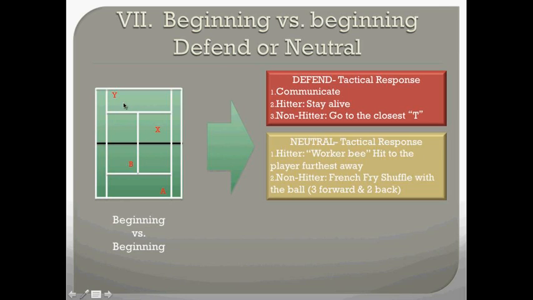The reason I have B playing closer to the T initially is worst case scenario, player X, okay, A is going to hit to X, right? If they hit to X, at least I'm covering this area right here. This is a tougher shot for X, correct? So I'm being a pessimist and standing right here saying, the worst case player A is going to hit is to the net guy.